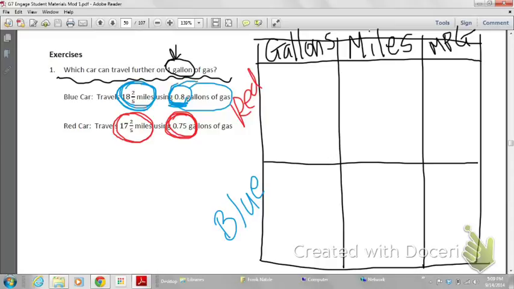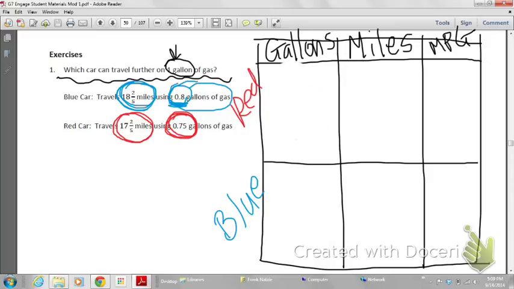Okay, I'm going to use my table to work this one out a little bit, just to set it up as more or less a plan of sorts. So the gallons. Now I'm going to do my red car first. The gallons of gas is, and I'm going directly to fractions here, so I'm converting these decimals into fractions. So I have 8/10 gallons right here, and I'm sorry, that's not red. Erase that.